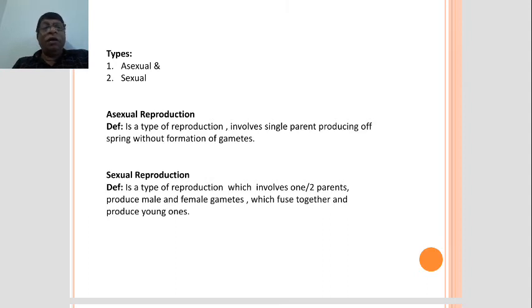What is the meaning of this definition? Sexual reproduction can involve 1 parent. How can 1 parent produce 2 types of gametes?